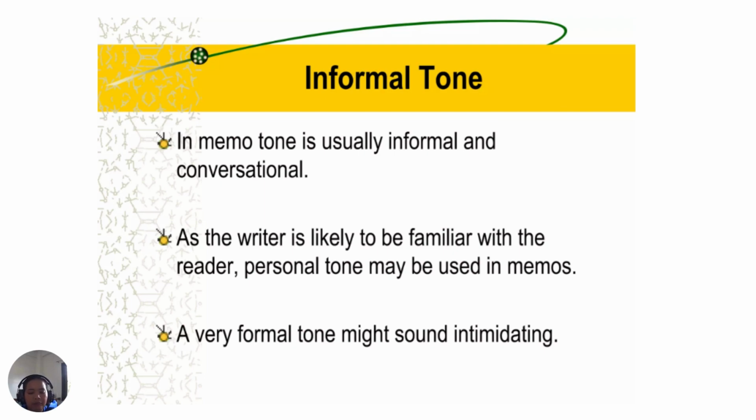The words should be simple, easier to understand, and familiar to them, using the personal tone that may be used in the memo. A very formal tone might sound intimidating to the people reading it. It is somewhat authoritative. So make it conversational, make it positive, so that the readers would understand what you are trying to say.